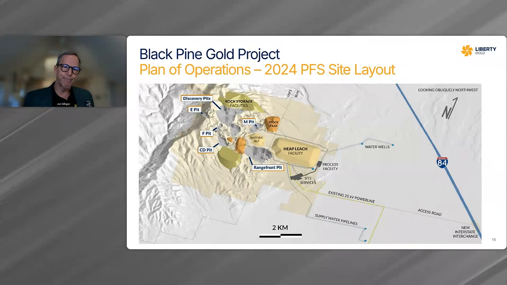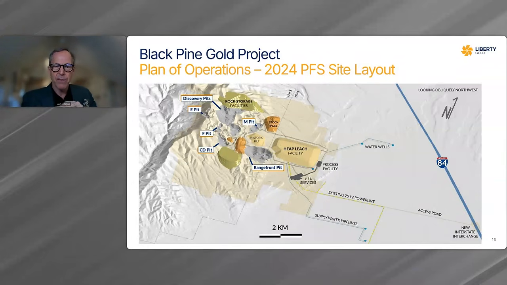We have multiple open pits in gray that are labeled, Discovery and Rangefront being the two big ones, some satellite pits, a single large heap leach facility, which is in a very favorable structural site from a point of view of stability of the heap. It's flat lying, gently sloping, no valleys, no peaks, no hills.